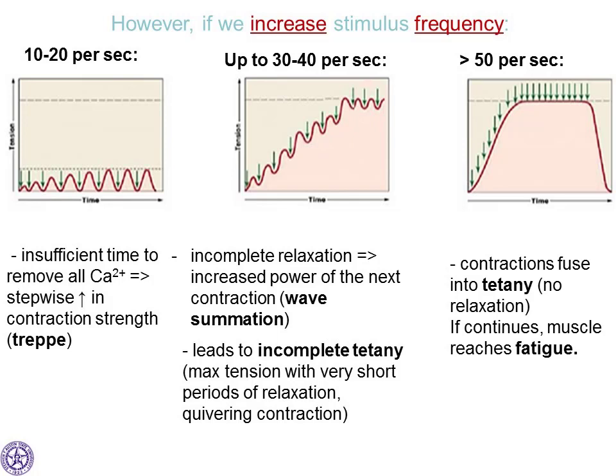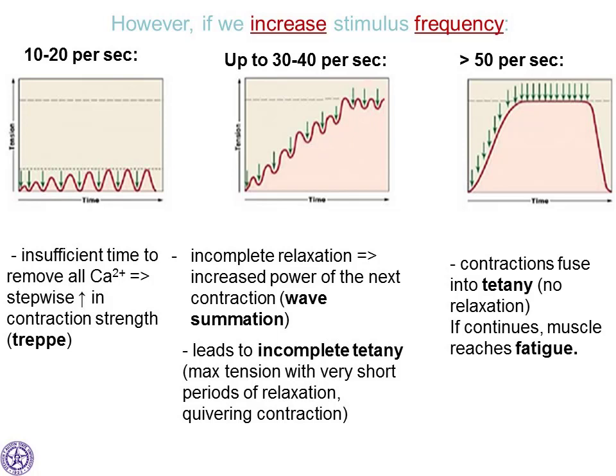So at 30 to 40, not only do we not completely relax, but now we barely get finished with the contraction before the next one starts. And before the next one starts. Now do you see what we're doing? We're adding on top of each other. It's as if one stimulus is standing on the shoulders of the next, and on the next, and on the next. So what we have is referred to as summation of our stimuli.